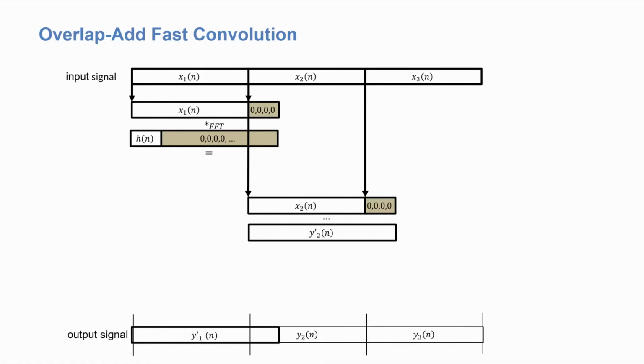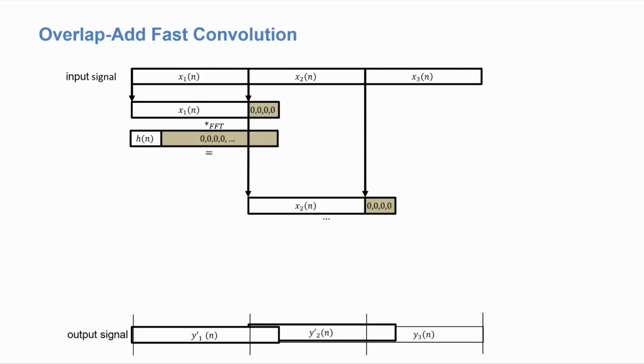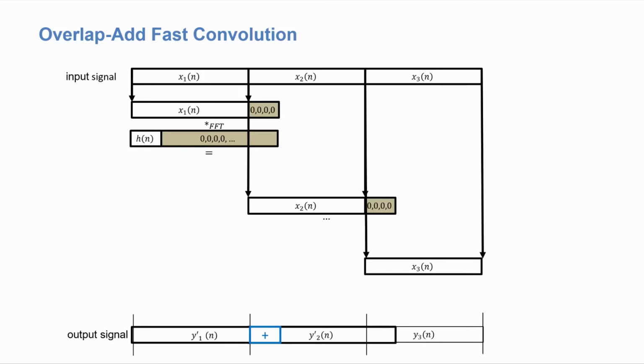When adding the result to the output buffer, it will overlap with the overhang of the previous processing frame, and we have to add the two. It will now be obvious why the method is called overlap add, because we add the output wherever it overlaps. We go ahead in a similar fashion until the end of our input signal, until the entire input signal has been processed.